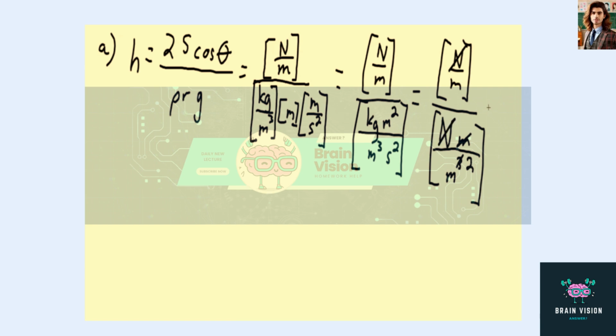So this simplifies to meters. And h is height, and height is indeed measured in meters. So this checks out. That is a check for being correct.